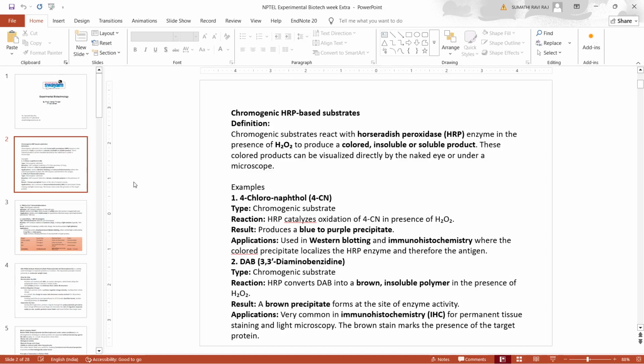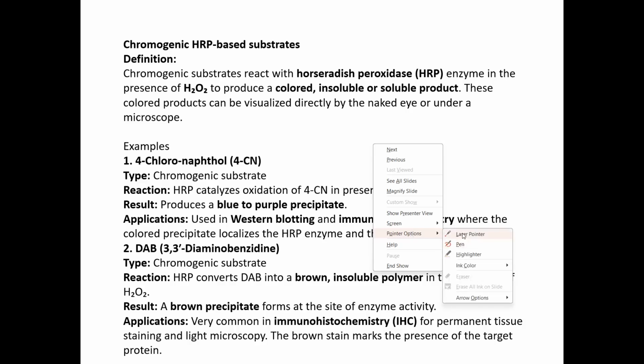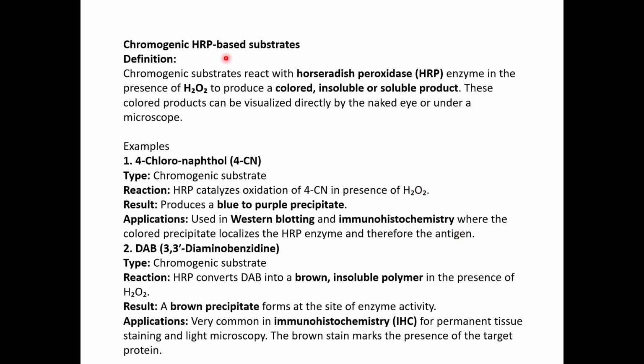So let's go into those. So the first topic regarding this was chromogenic HRP based substrates. So the chromogenic HRP based substrates, they react with HRP, that is horseradish peroxidase.